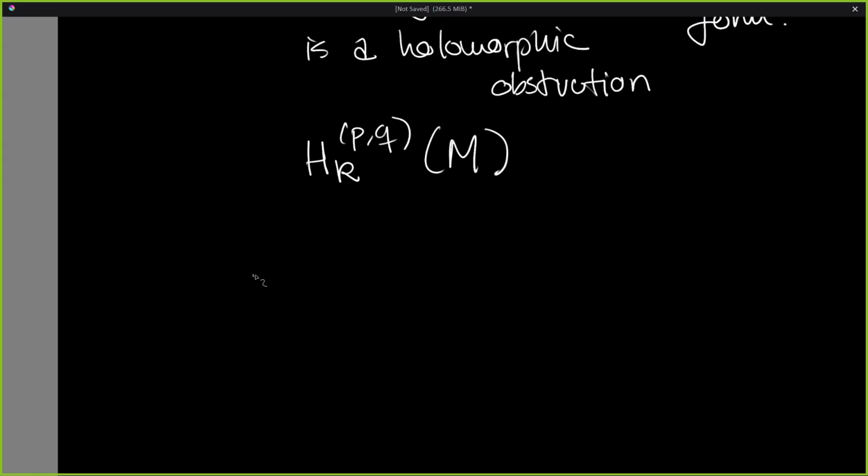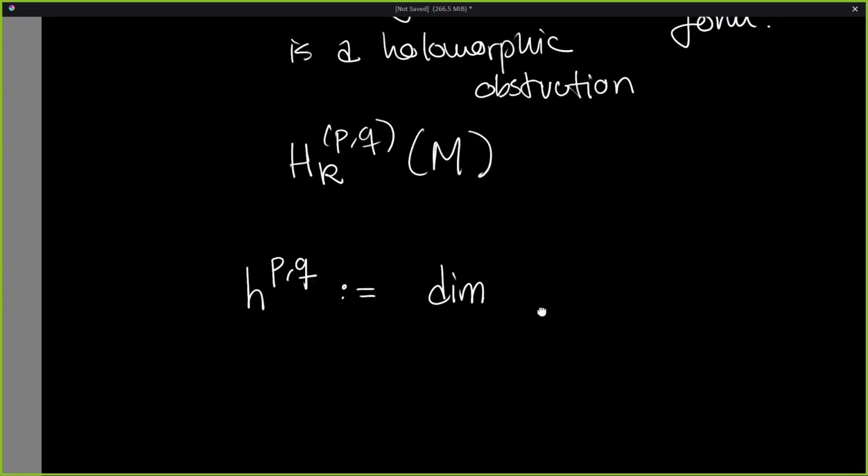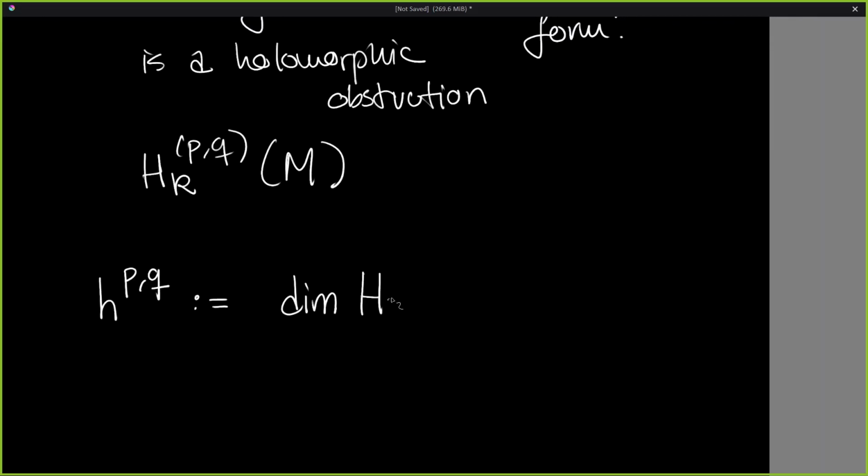They're called the Hodge numbers, h^{p,q}. h^{p,q} is defined to be the dimension of H^{p,q} of M, and it similarly tells you the number of different types of obstructions.